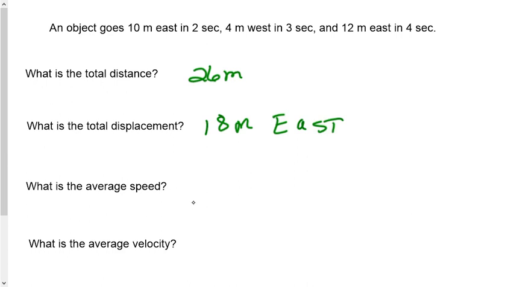What's average speed? Well, average speed, I'm going to take the 26 meters, and then I'll divide by the total time. We have 2 seconds, plus 3 seconds is 5 seconds, and that's a total of 9 seconds. So to calculate that, I would take 26 meters divided by 9 seconds. For average velocity, I'm going to take 18 and then divide that by 9.